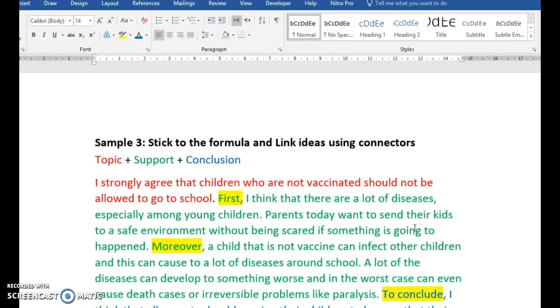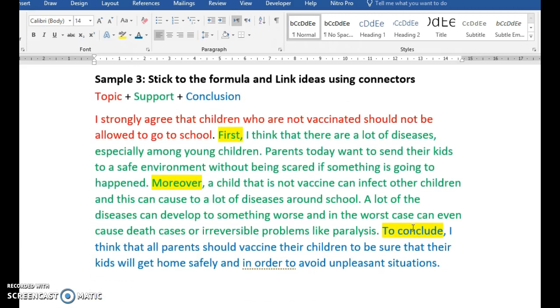And let's take a closer look at that. Because if we stick to our formula of starting with a topic sentence and then having our supporting information and then our conclusion, this is what we've got in our paragraph. We start with our topic sentence, we have the supporting information, and then we have the conclusion.